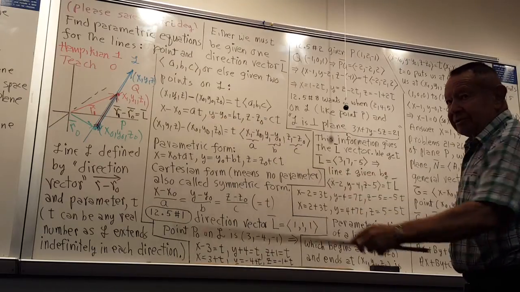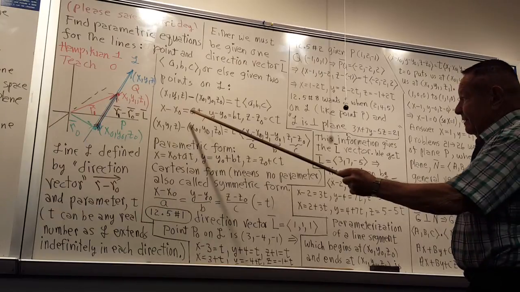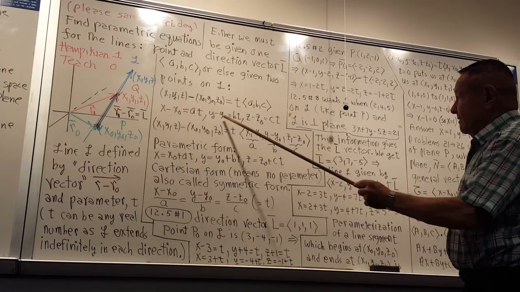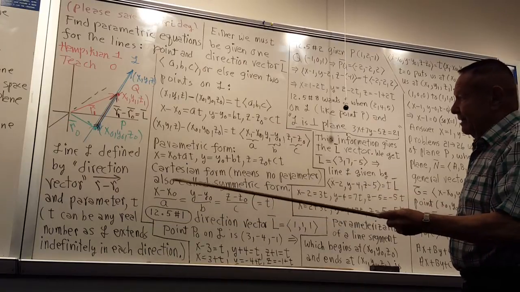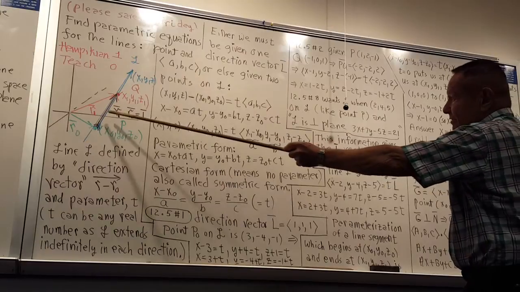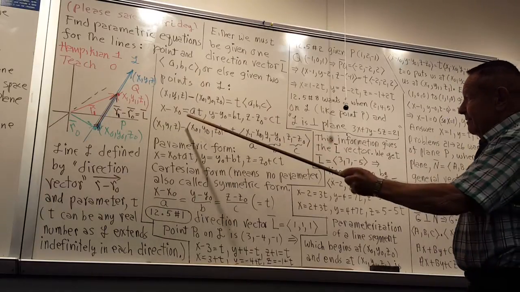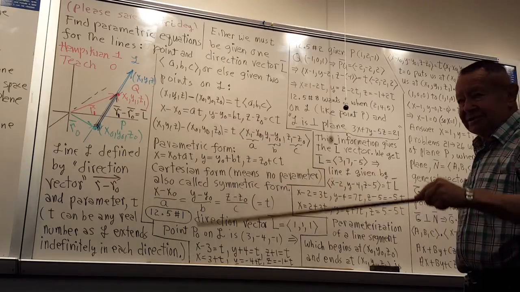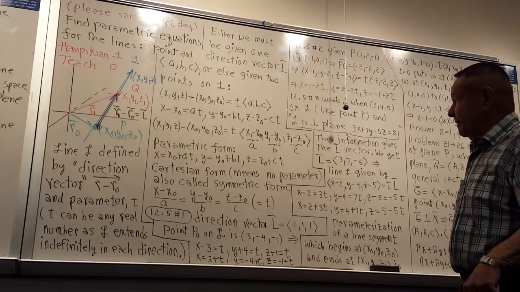The t is your parameter, as it's called, and then the a, b, and c are the direction numbers, so the three of them together define this vector, define the slope, and the x0, y0, z0 is the one point at least that you have to be given.